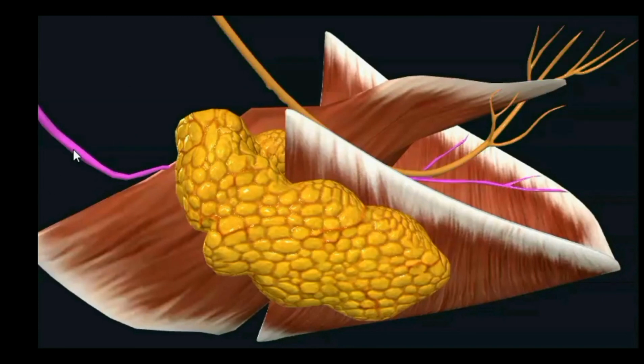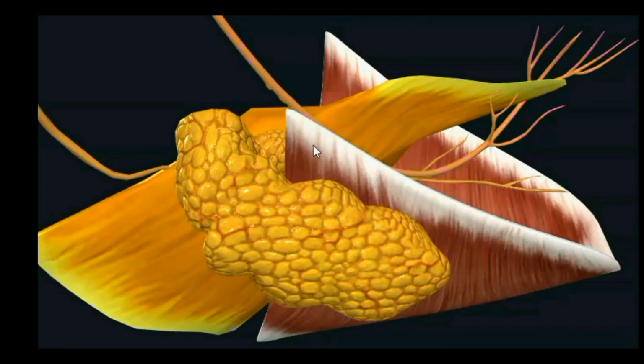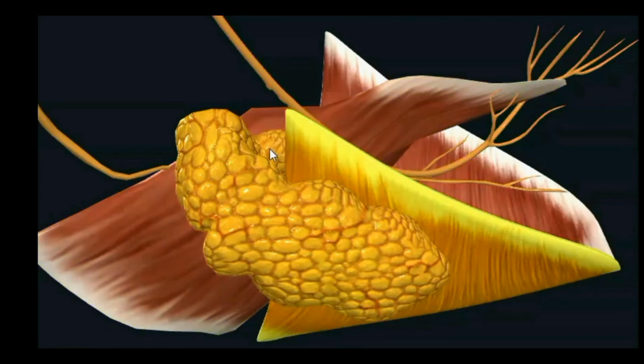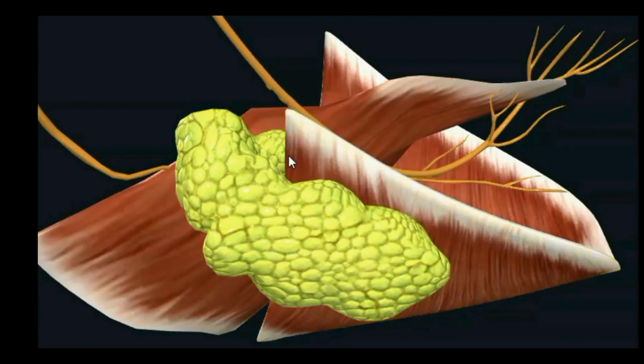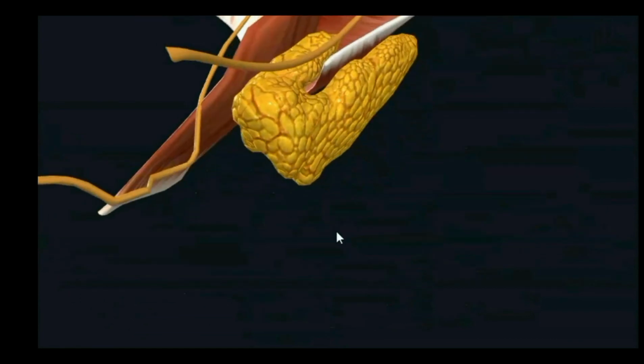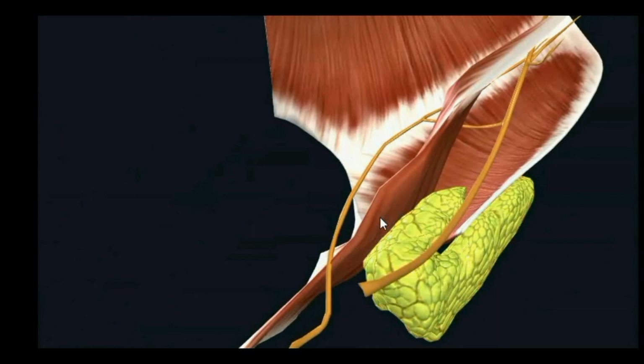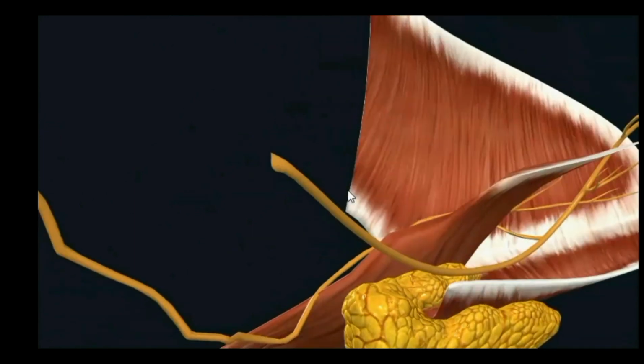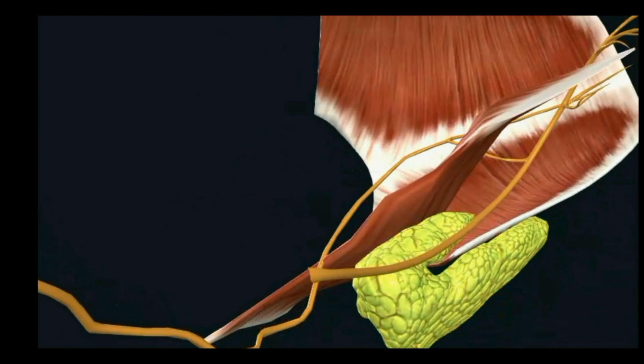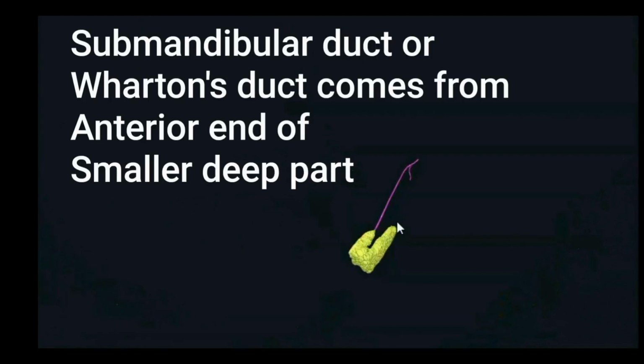You can see that the pinkish structure, that is the loop of hypoglossal nerve. Now this is lingual, medially hyoglossus, laterally mylohyoid. So you can see mylohyoid forms the lateral surface of the deep part, and the medial surface of the superficial part, because it is wedging into the gland, dividing it into superficial and deep part.